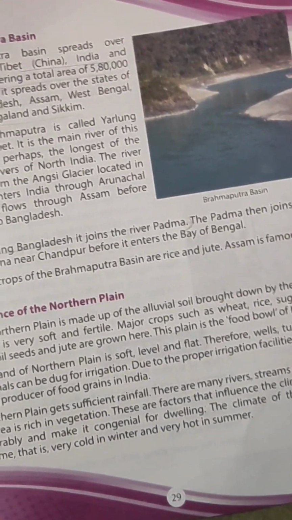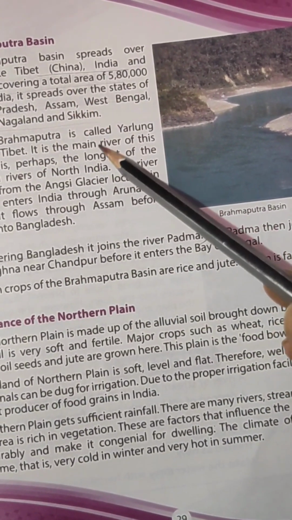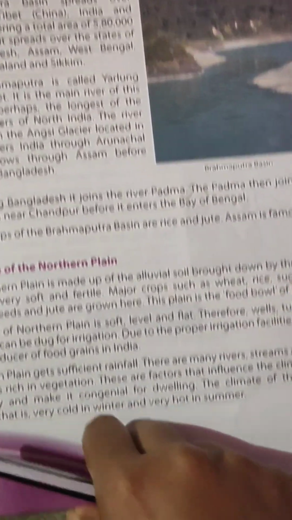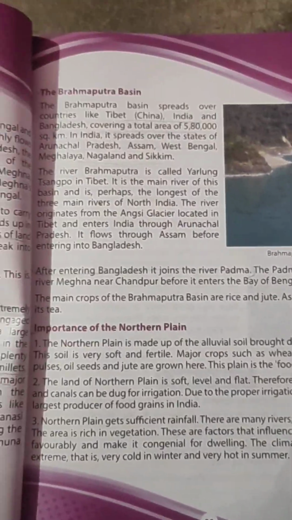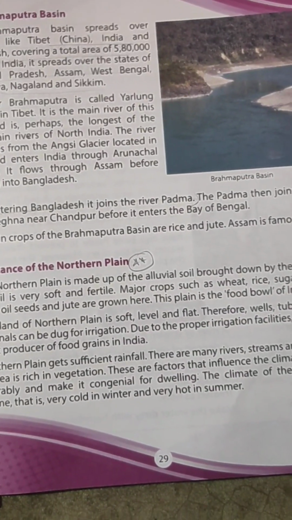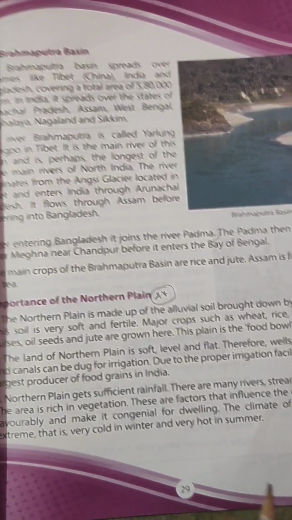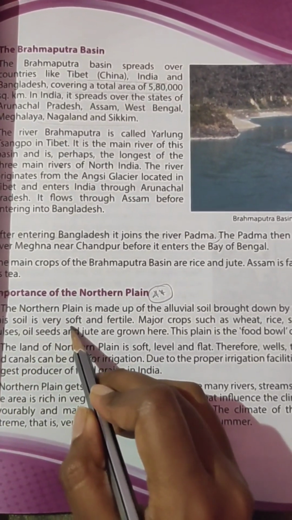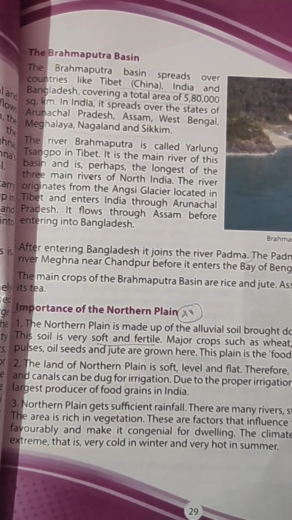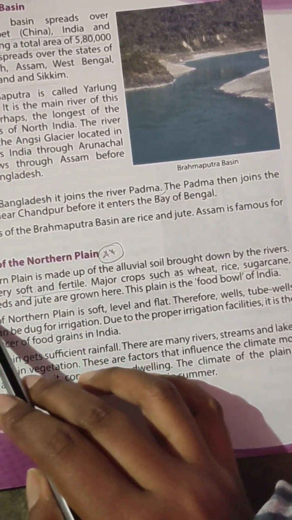Then see, after entering Bangladesh, the Brahmaputra river joins the river Padma. Now the importance of the northern plains. These are very important. Northern plains are made up of alluvial soil brought down by the rivers. This soil is very soft and fertile, and we already know about the crops grown here.